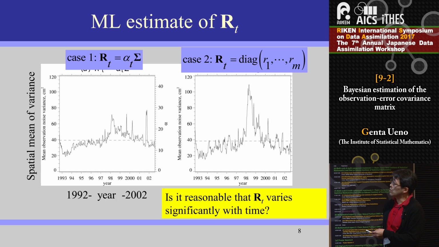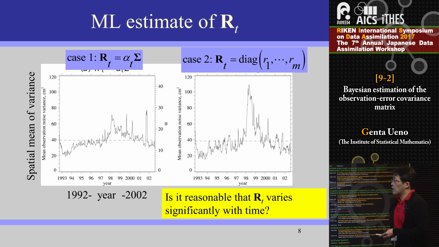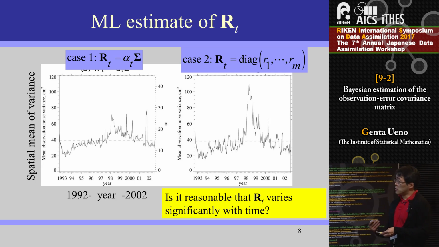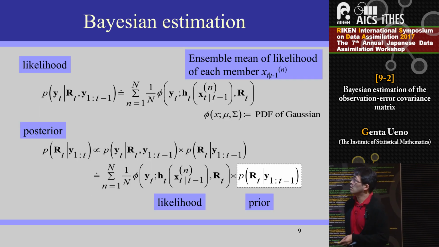In case 2, R becomes like this. Case 2 means that R is assumed to be diagonal. So one question is whether it is reasonable that RT varies significantly with time like this. In my opinion, it is not, and I developed another method.